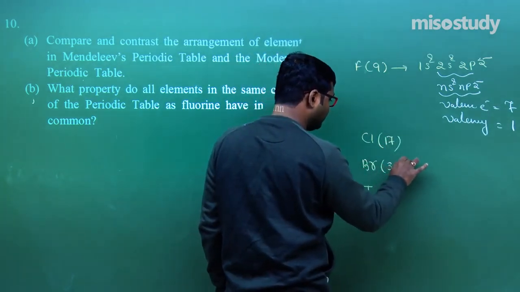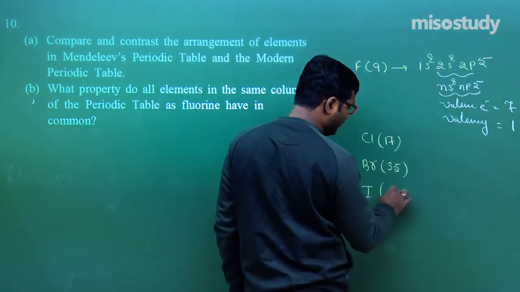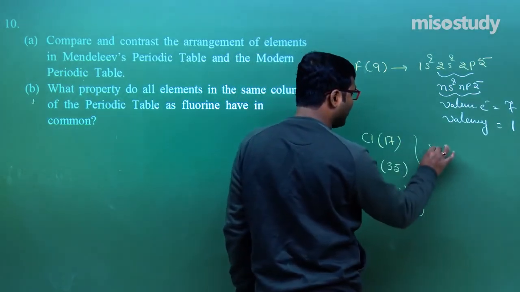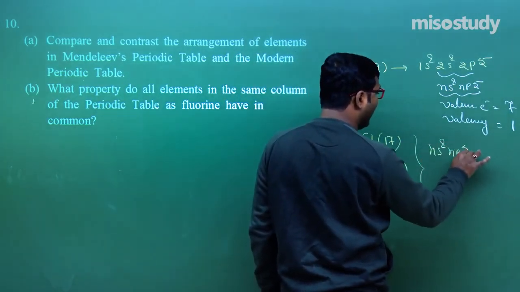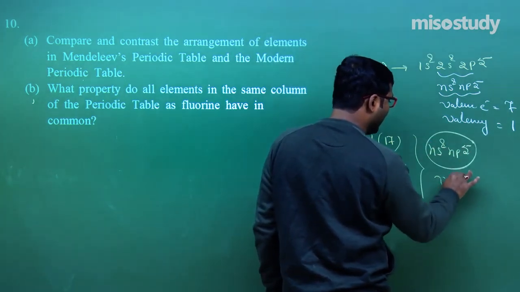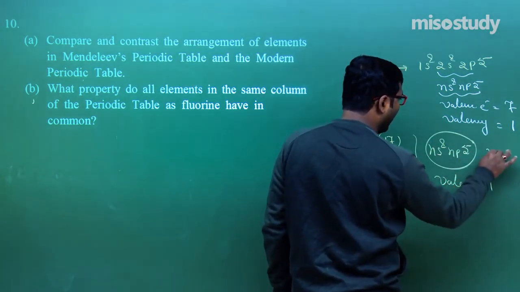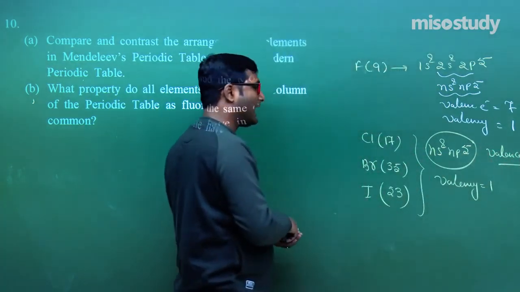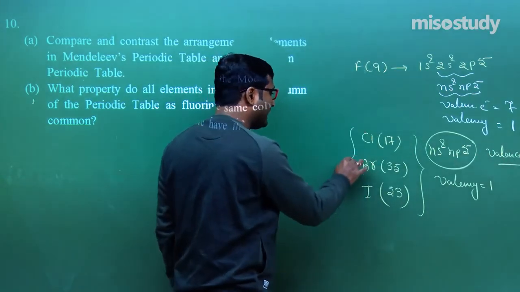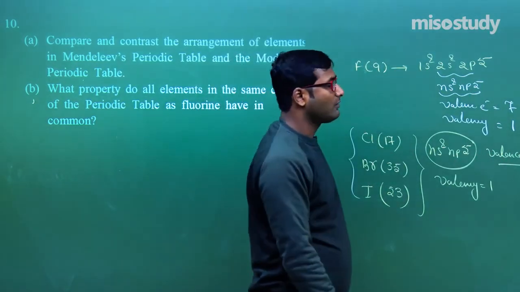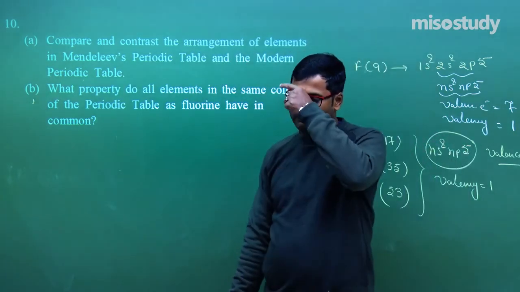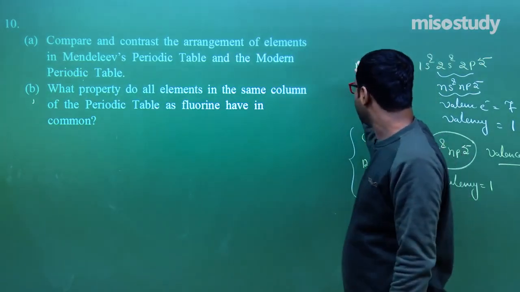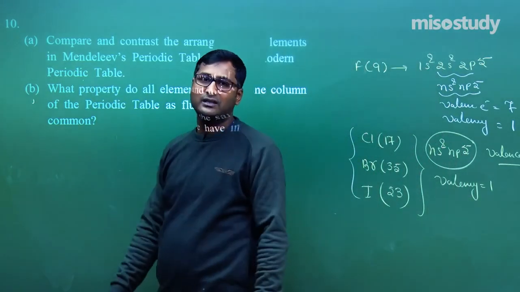Atomic numbers 17, 35, 53. Yes, all will have similar electronic configuration, that is ns2 np5, and they have valency 1 and 7 valence electrons, my friend, and they are all non-metals. So we can say that the valency and the outermost electronic configuration are the common property which relates fluorine with chlorine, chlorine with bromine, and bromine with iodine.